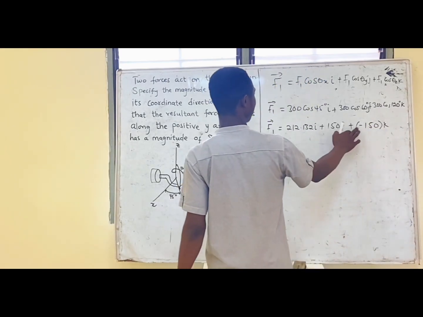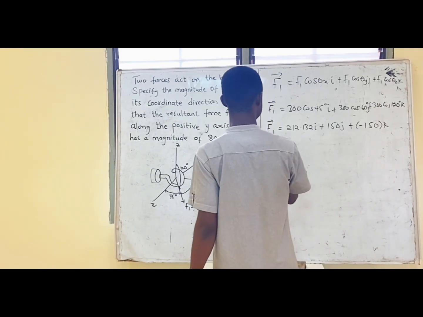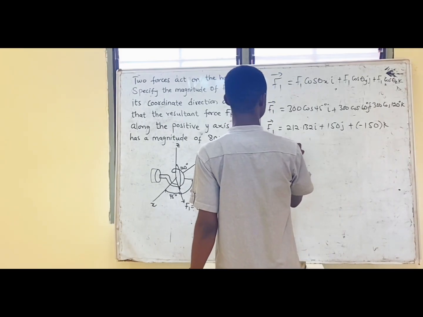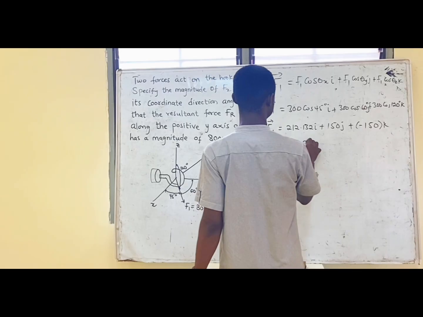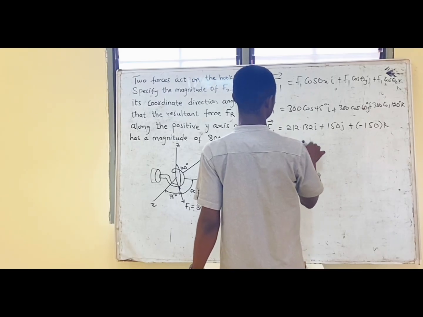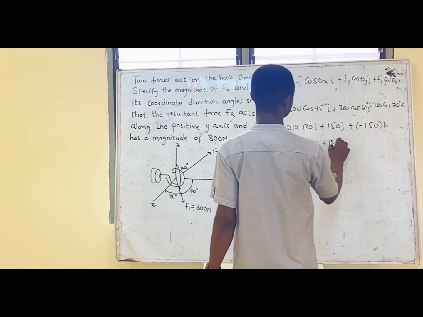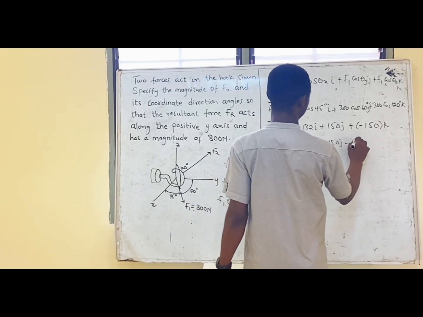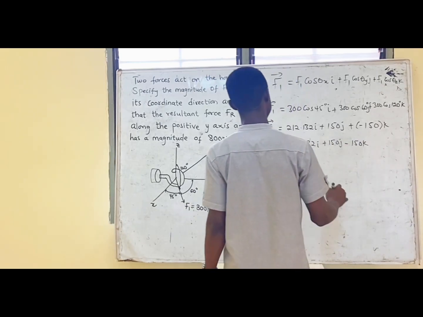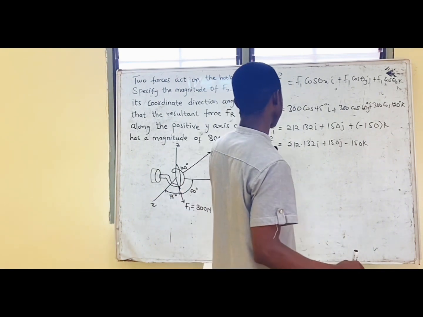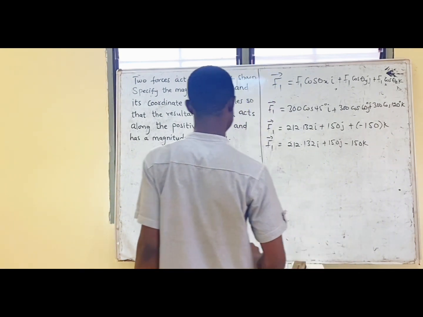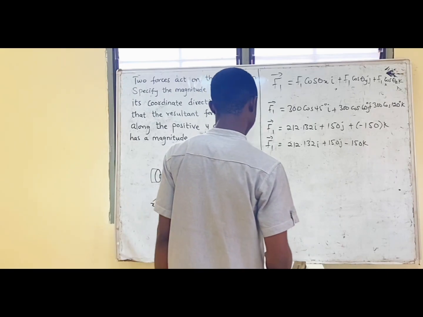So F1 bar will be equal to 212.132 i plus 150 j minus 150 k. So this is our F1 in a Cartesian vector form.